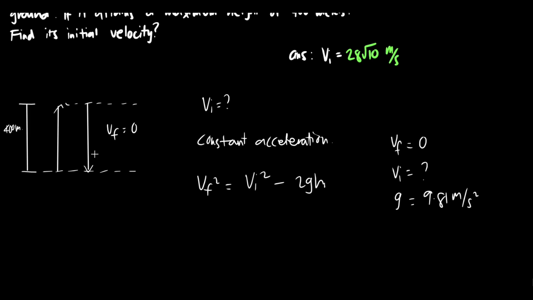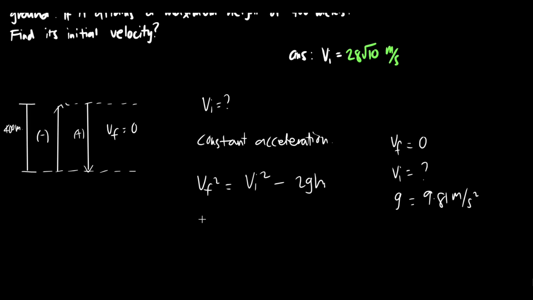Is it positive or negative? When we throw the object upward, the 9.81 will be negative, and if the object is going down back to the earth, it is positive, right?